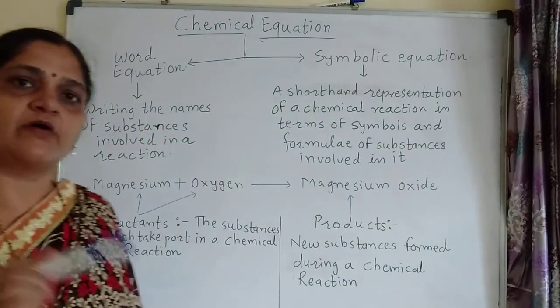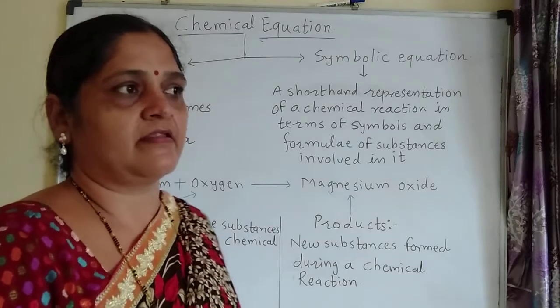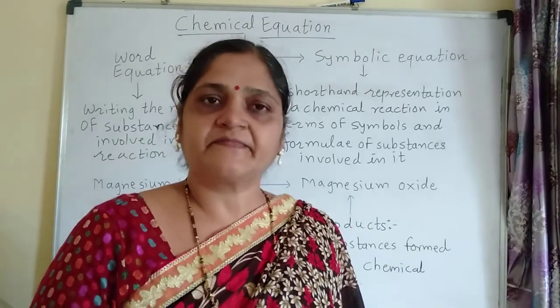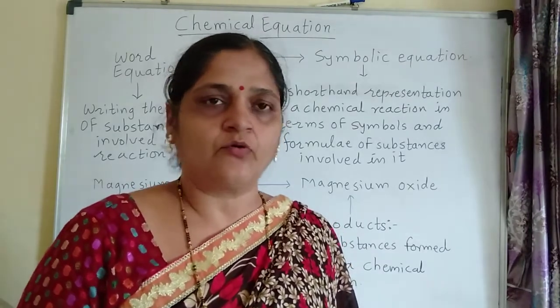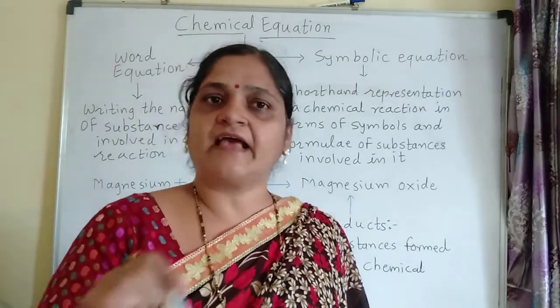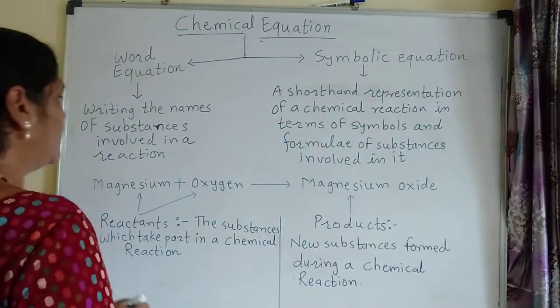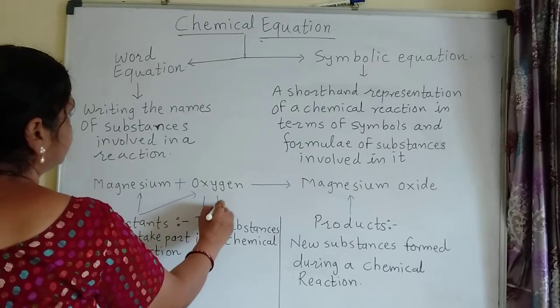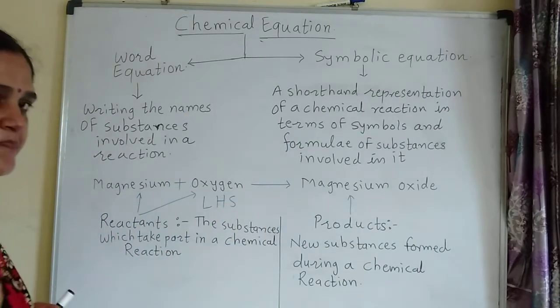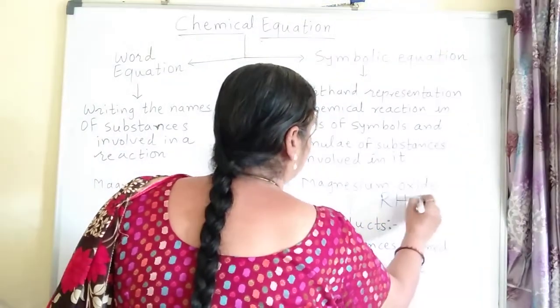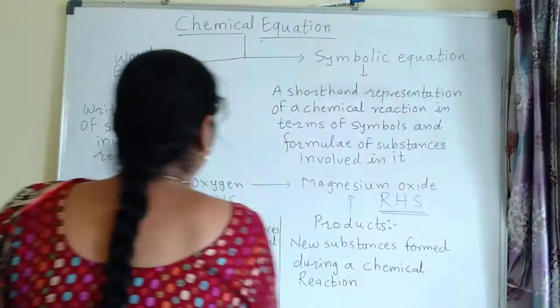Whenever you are writing the equation in the form of words or symbols, it is a must to show an arrow between reactants and products. And always the reactants should be written on the left hand side of the equation, and the products should be written on the right hand side of the equation.